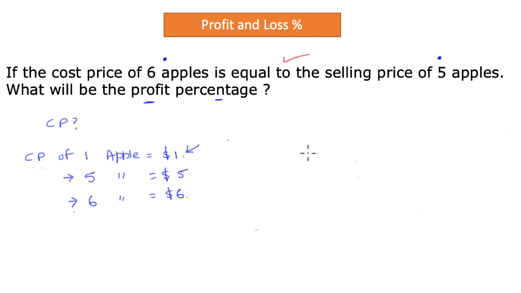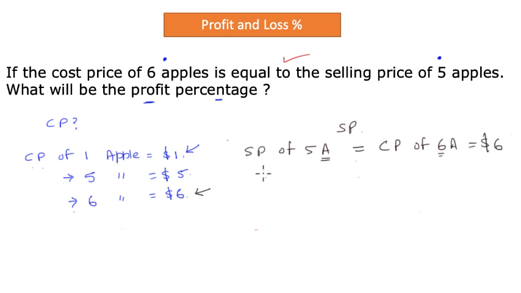Now let us look at the selling price side. From the given statement, the selling price of 5 apples, let me just write the letter A instead of apples all the time, is equal to the cost price of 6 apples, right? And what is the cost price of 6 apples? From this assumption, we can tell that it is equal to $6.